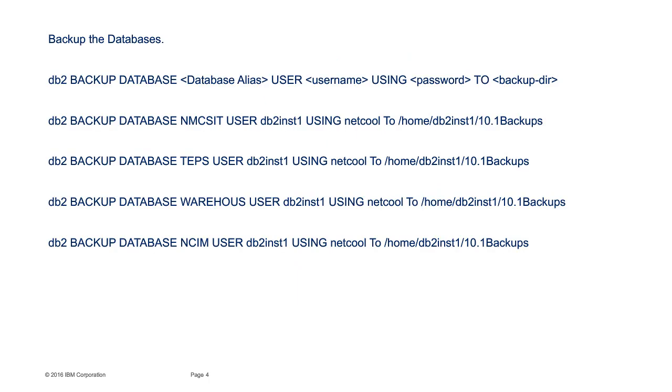This is an example of backing up my databases here using the DB2 backup database command, with your user ID and password, for the various databases I have on my test box. And you just redirect them to a directory of your choice.